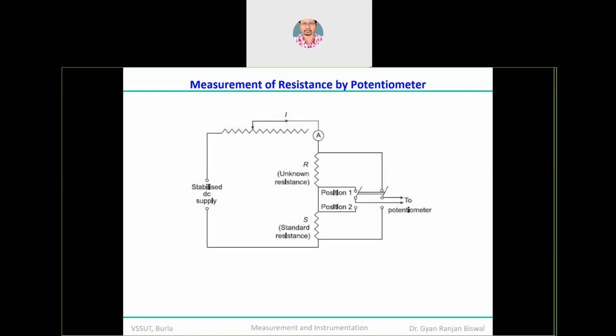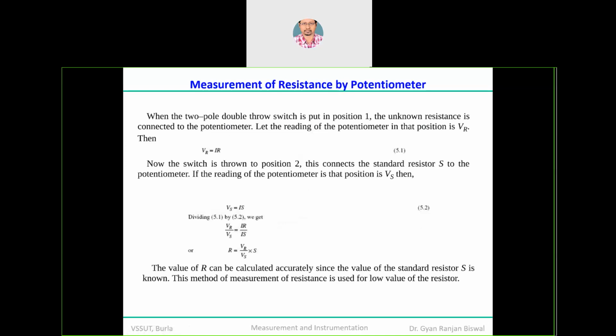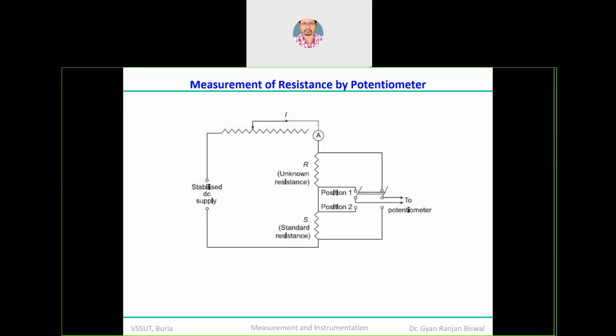Now from the standard resistance, this VS you can calculate in this configuration again. The voltage across the standard resistor, VS, stands for the standard resistor, is equal to I into S. Remember, S is again the value of a resistance.